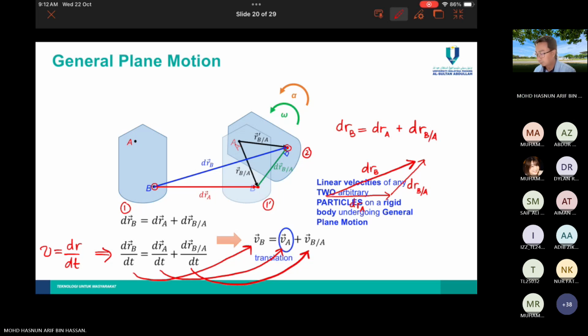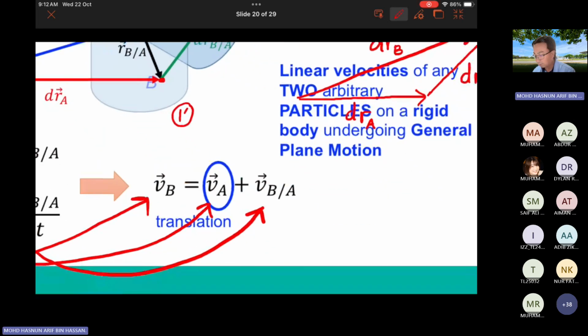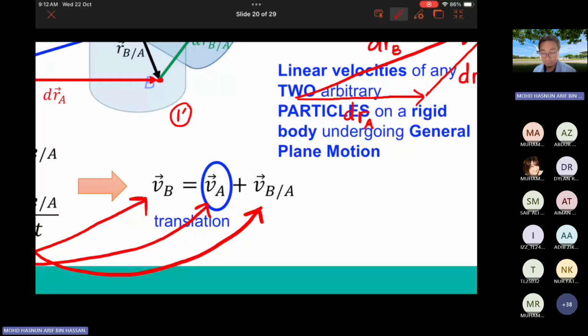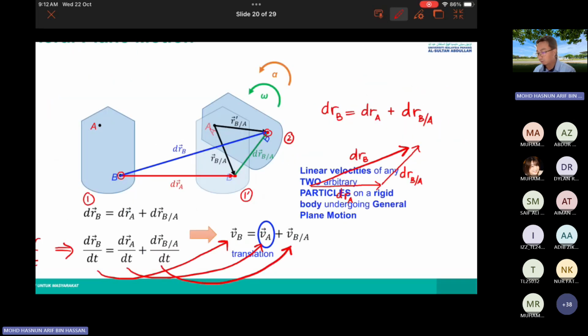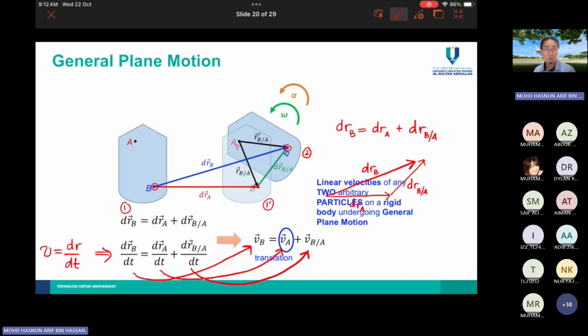So this is basically the translation component. Remember, the object now undergoes two types of motion. The first phase is translation. The second phase is rotation. That's why the velocity will also have two components: one is the translation component and the other is the rotation component.